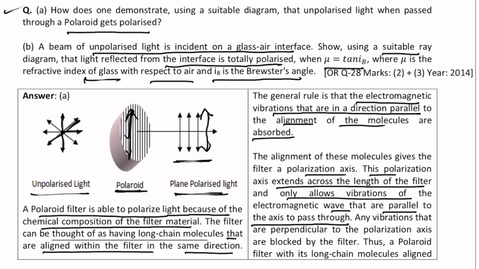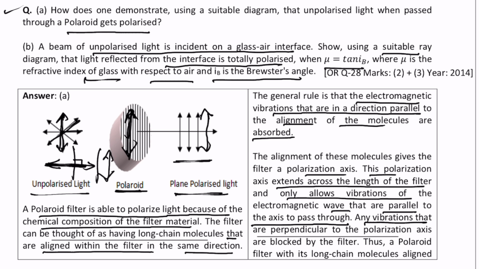So this direction of vibration, which is parallel to the axis of this Polaroid, will get transmitted. Any vibrations that are perpendicular to the polarization will have zero component. Suppose the direction of the Polaroid axis is this, and there is a vibration perpendicular here.